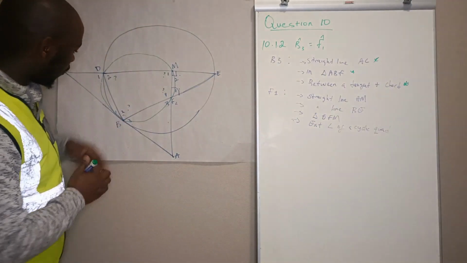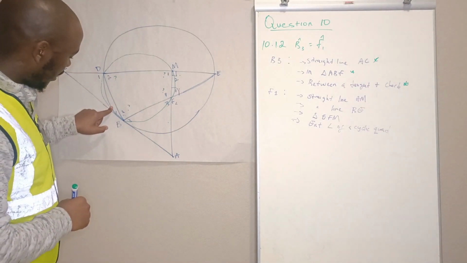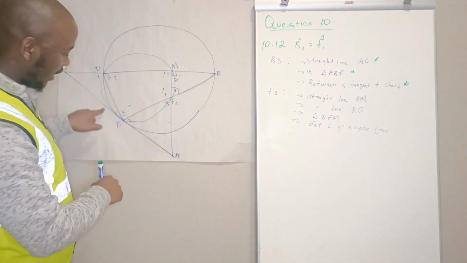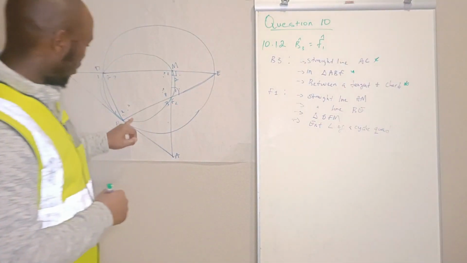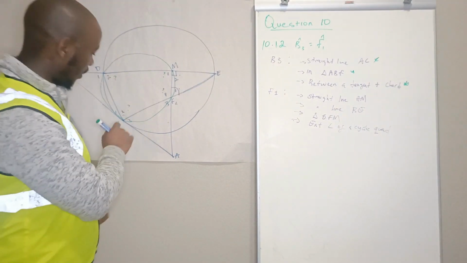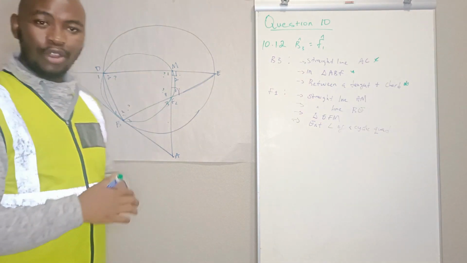But we'll need to first of all determine the angle B1. Then from that B1, we need to use the fact that it's in a straight line AC and then make sense of that. So from there, we still need to prove the fact that B3 is related to F1 through this angle. So there's a lot of ambiguous steps.